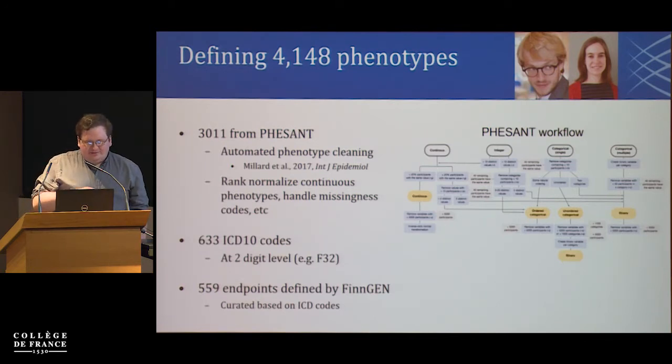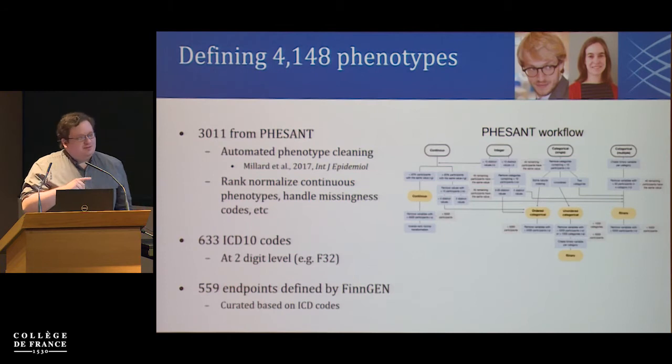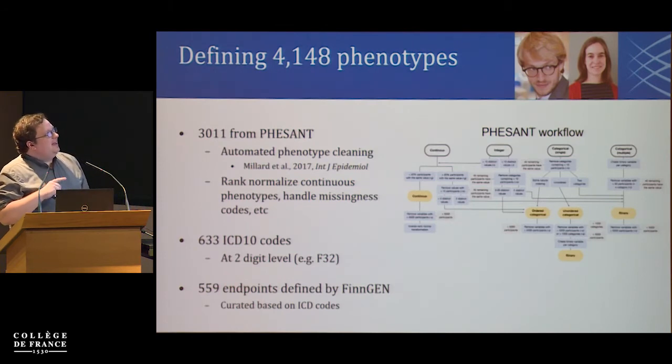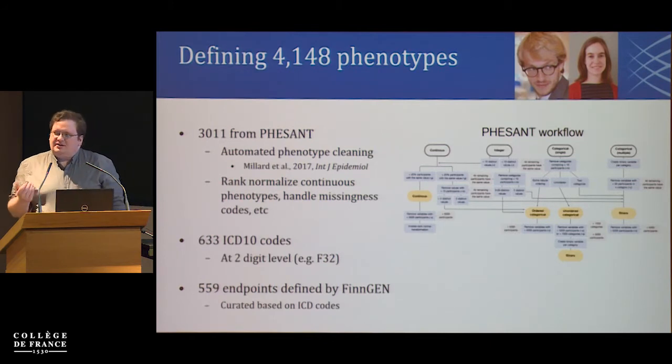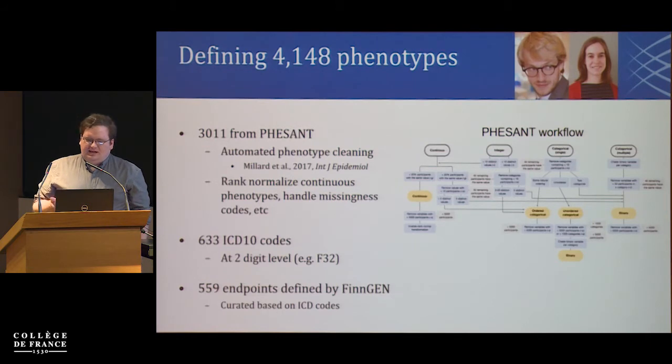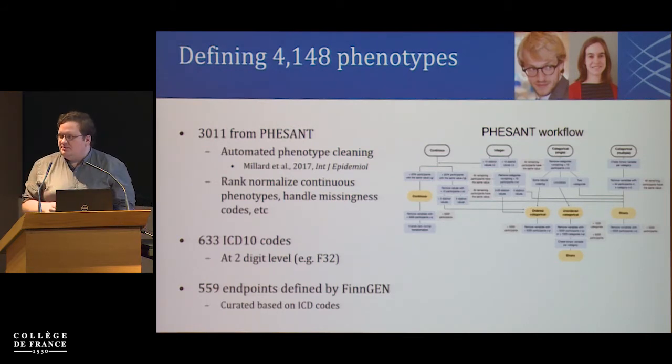And then the third effort that rounds out the 4,000, though there's some redundancy, so these numbers don't actually add up to that 4,100 number, is an additional set of endpoints that are also based on ICD codes, but have been a little more heavily curated to match some endpoints that have been curated within the FinnGen consortium, which is another big biobank effort out of Finland.